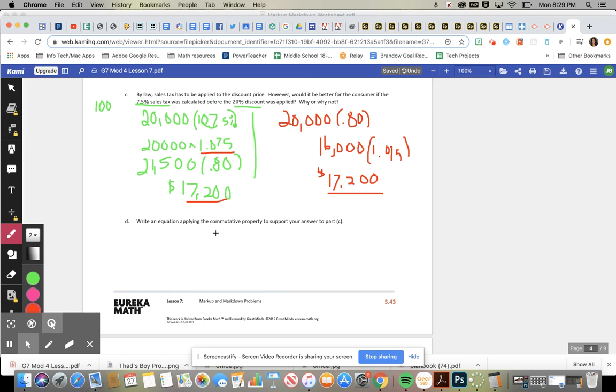Okay, D says write an equation applying the commutative property to support your answer from part C. So we could do this 20,000 times the 1.075 and then times that by the 80%.